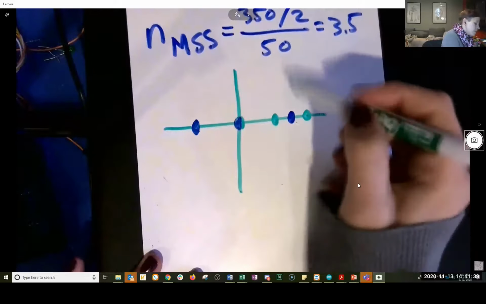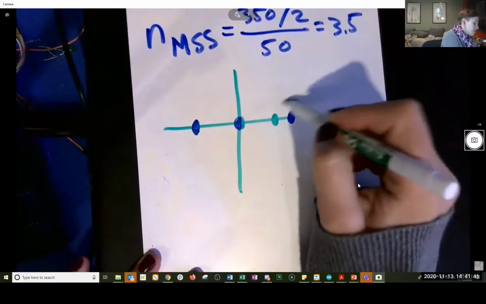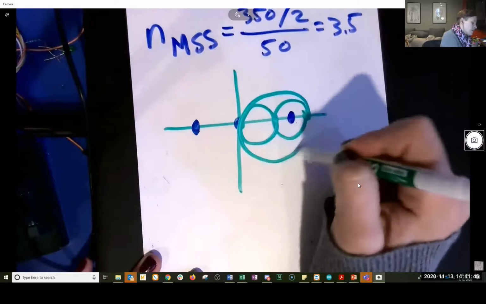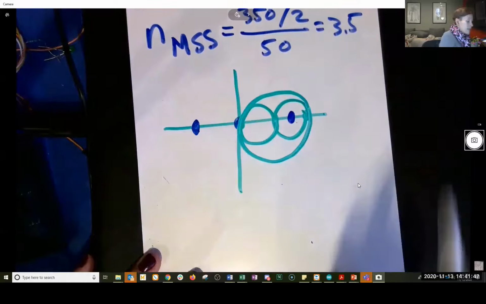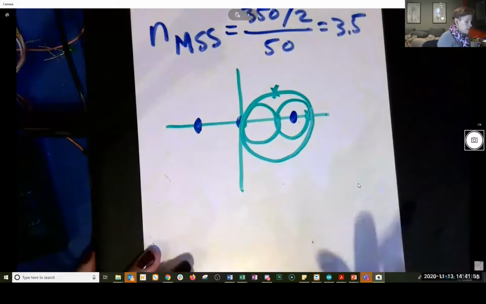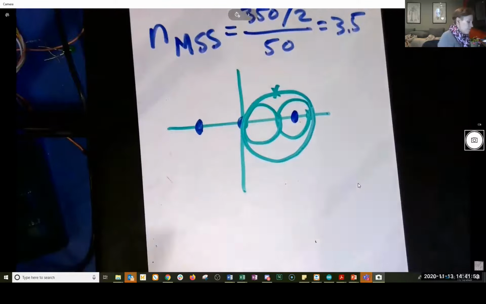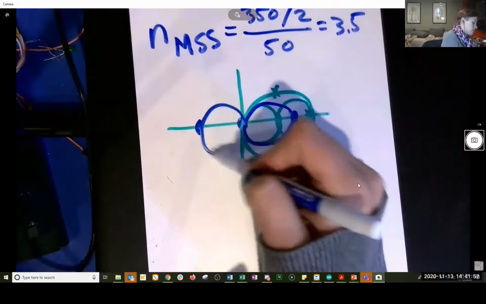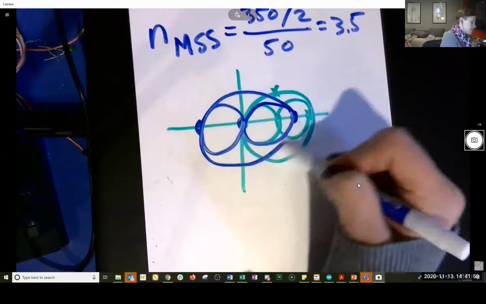The reason it changes is, for my green circle, I have 1, 2, 3, right? So tau max is this one out here. For my blue circle, I would have 1, 2, 3, so that behaves much the same.